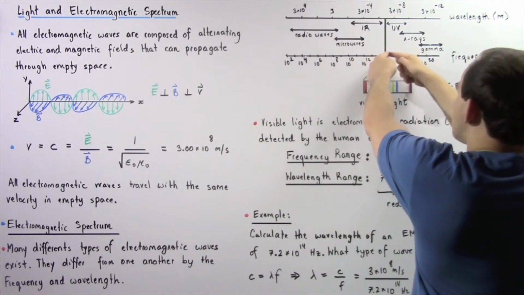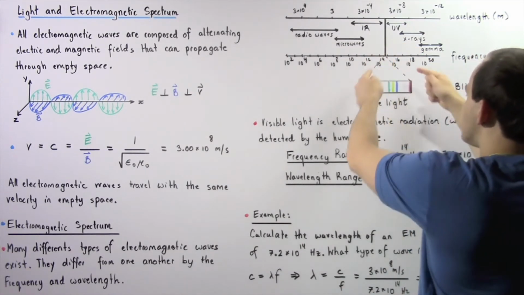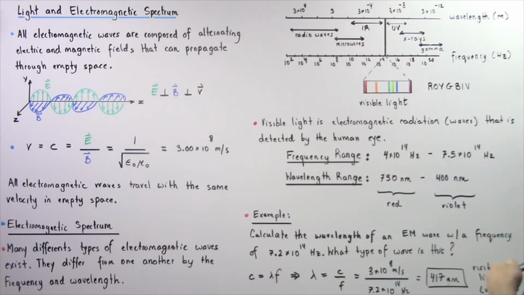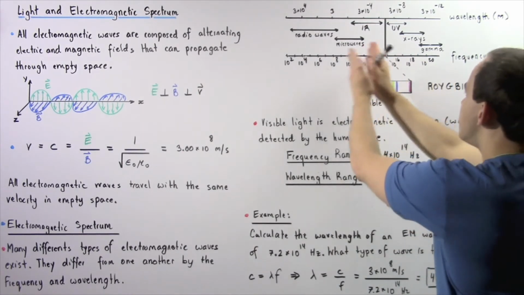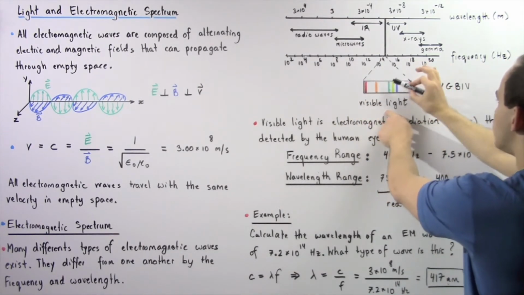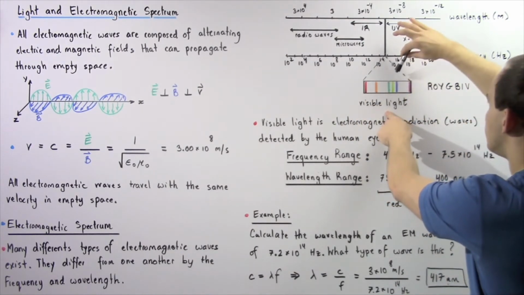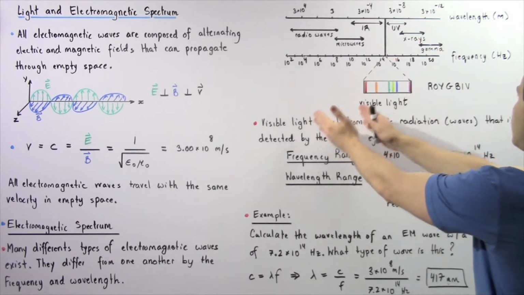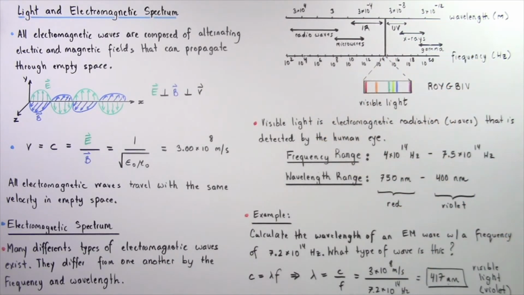If we zoom in on this small section, we get the following diagram. On this side we have red, then orange, yellow, green, blue, indigo, and violet. So we go from red all the way up to violet.